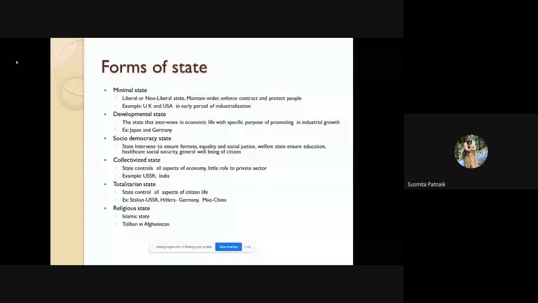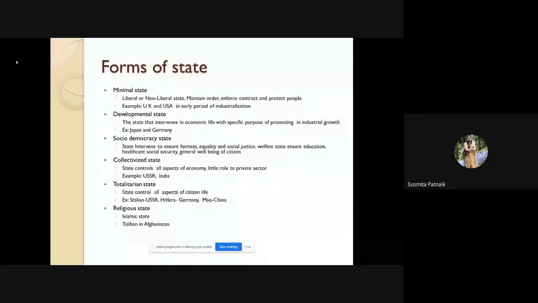Then the next one is called the collectivized state. What do you mean by the collectivized state? That is where the state controls all aspects of the economy, with little role for the private sector.